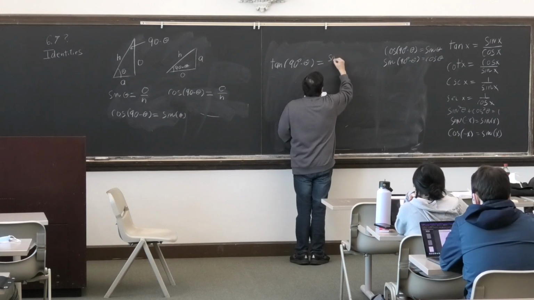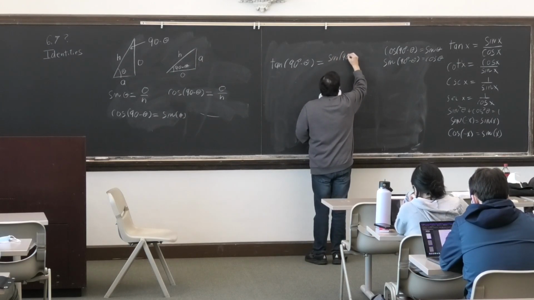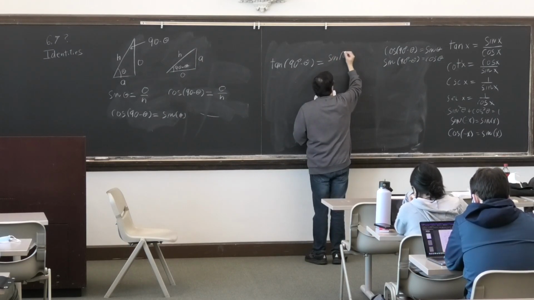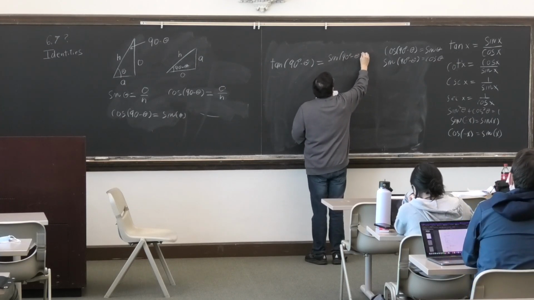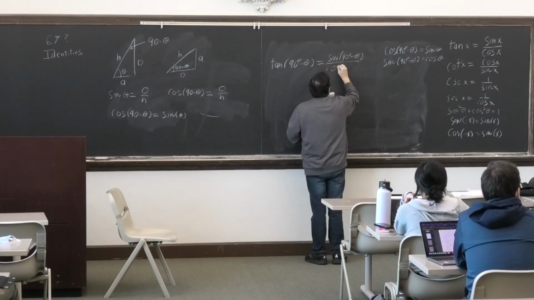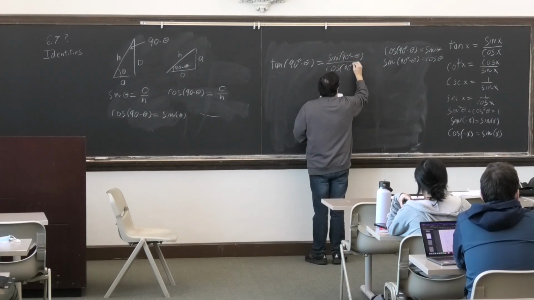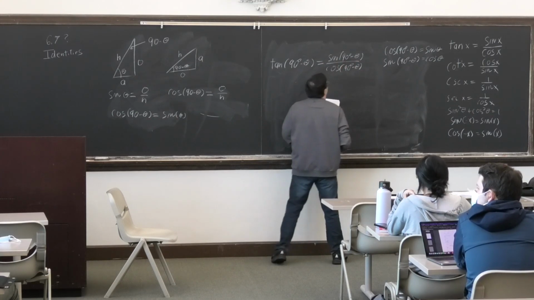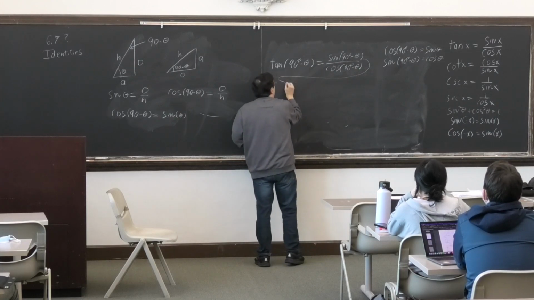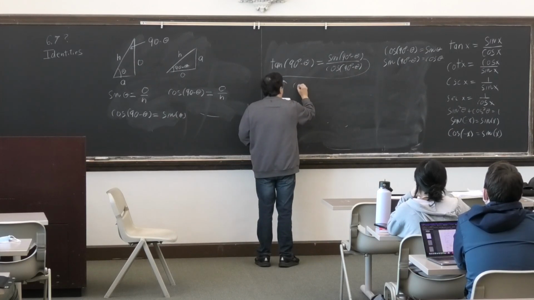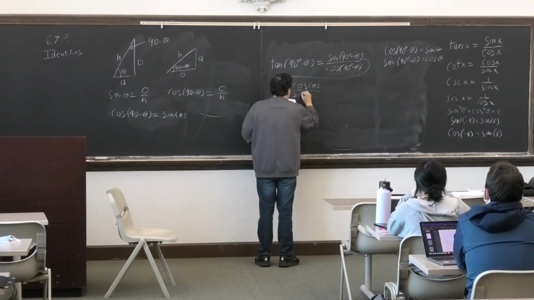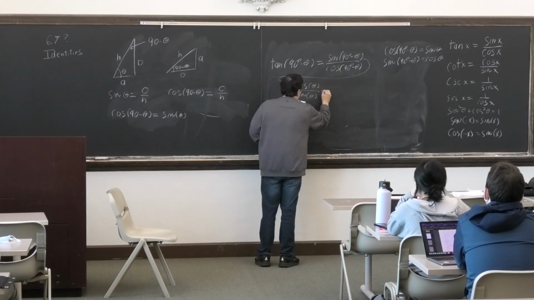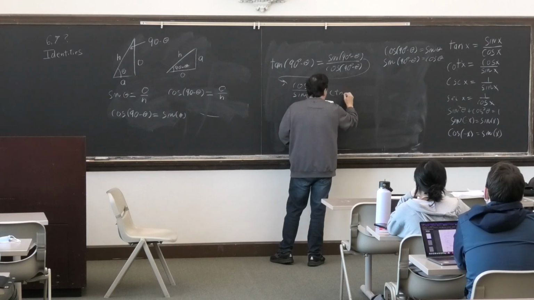This is the sine of 90 degrees minus theta over the cosine of 90 degrees minus theta, which is equal to the cosine of theta over the sine of theta, which is just the cotangent.